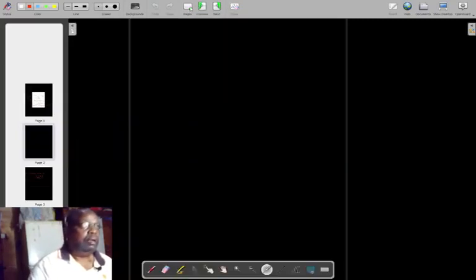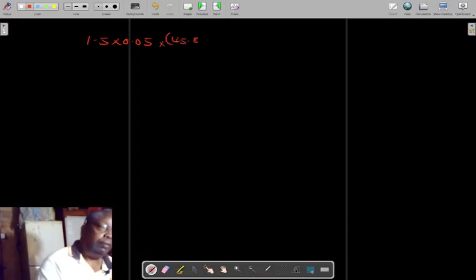So we'll have a k, and k is 1.5, times 0.05 times (45.8 minus Tc), because only a half goes to that direction.